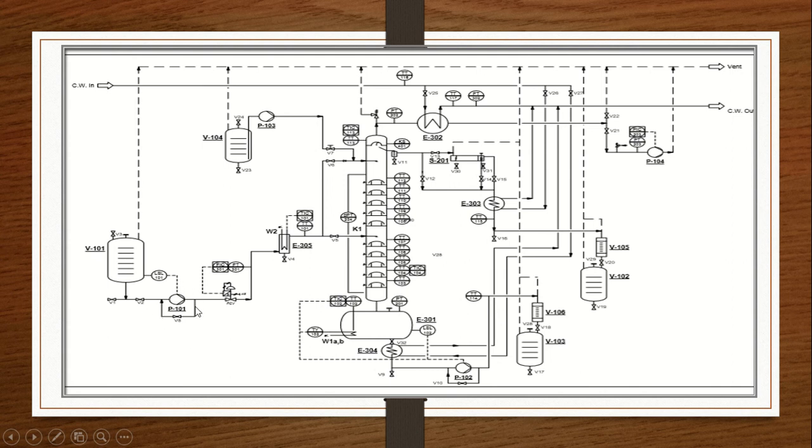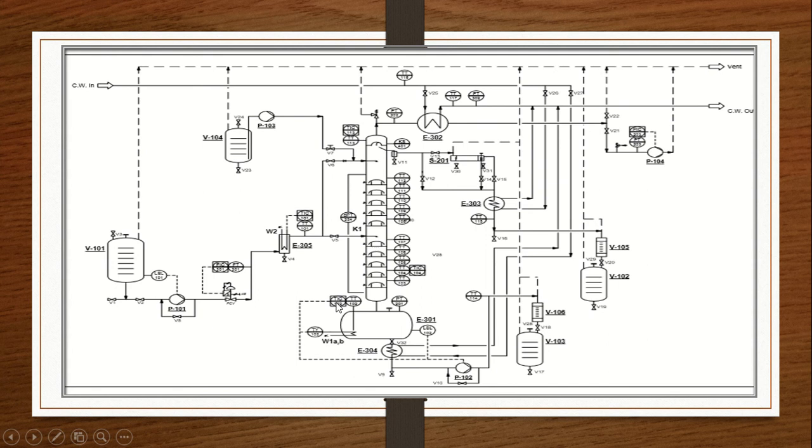This is P101, which is the feed pump, and this part is E305, which is the feed preheater. This is the benzene pump. This is the main equipment in this process, which we call K1, the bubble cap column.